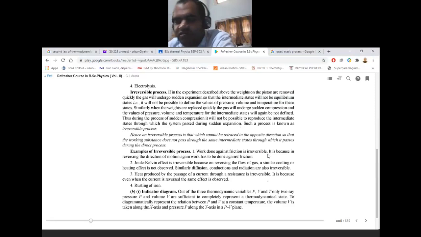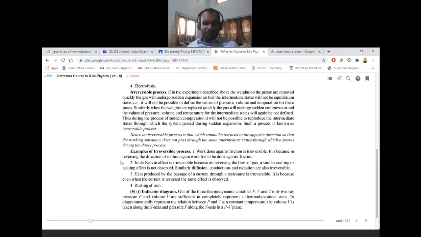Work done against friction is irreversible, because always some heat is lost during friction. In a reversible process, the direction of motion can be reversed, but here work again has to be done against friction.